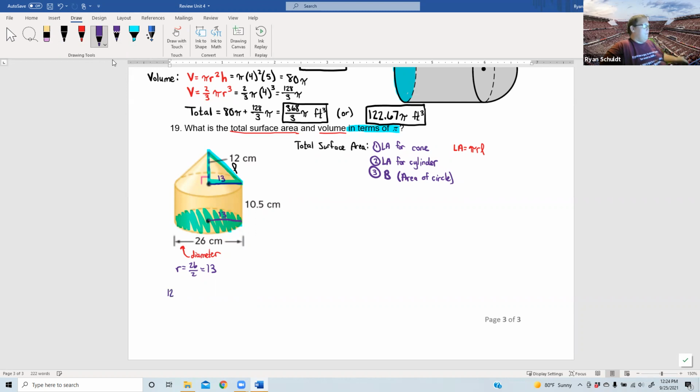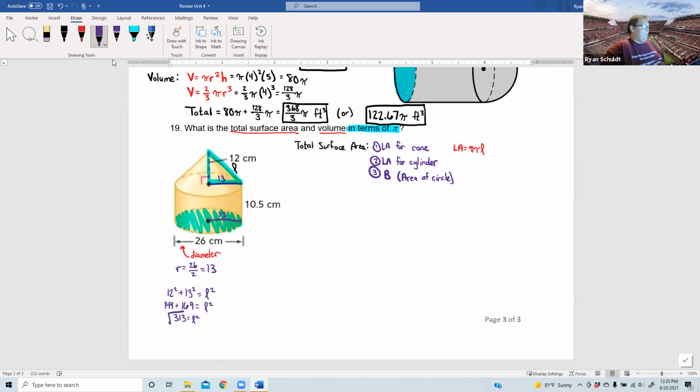So we can do 12 squared plus 13 squared equals L squared. Twelve squared is 144 plus 13 squared, which is 169, equals L squared. 144 plus 169 give us 313.